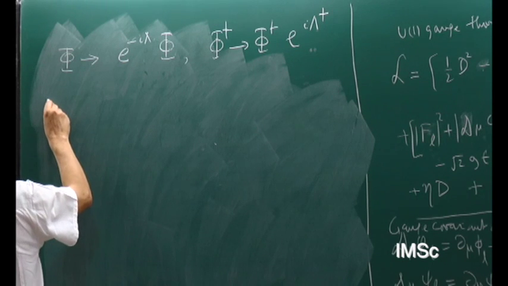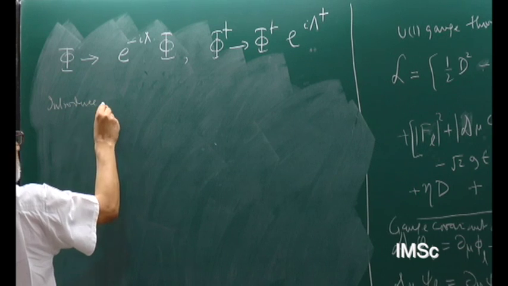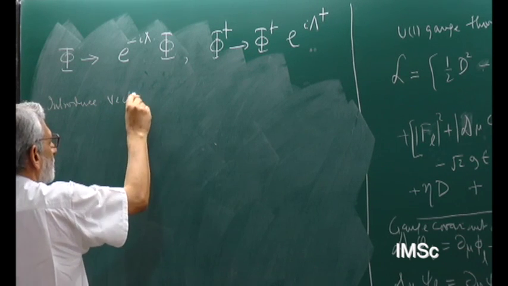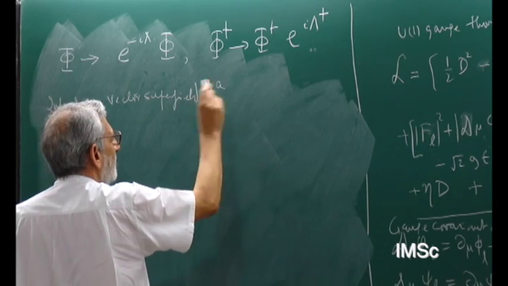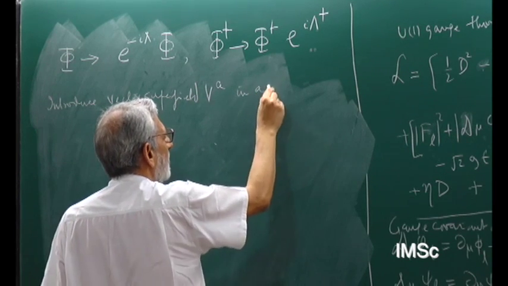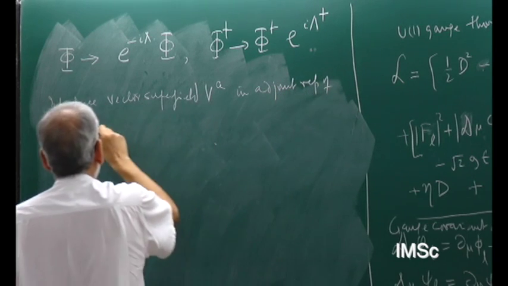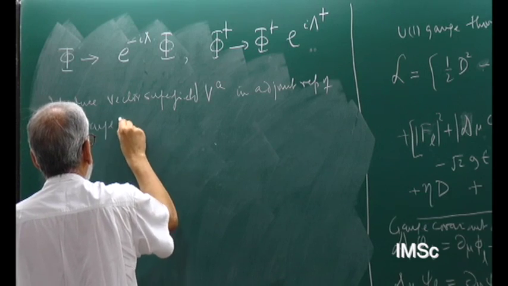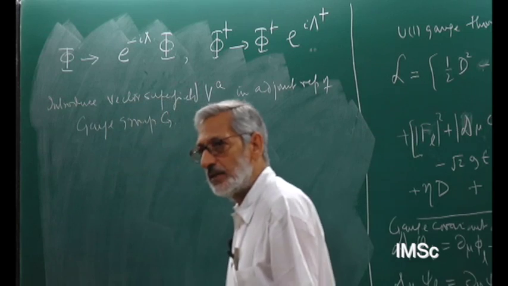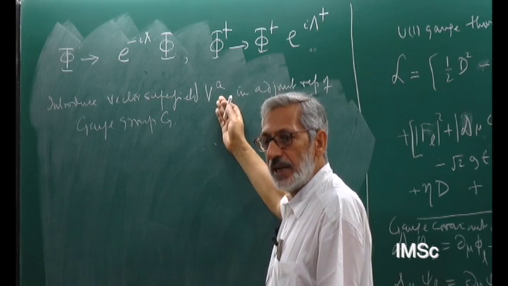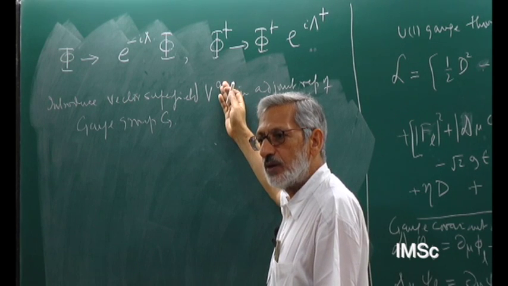Now next, introduce vector superfields V^A in the adjoint representation of the gauge group. For SU(2), there will be 3 of them. A will take values 1, 2, 3. For SU(3), A will take 8 values, 1, 2, 3, up to 8.